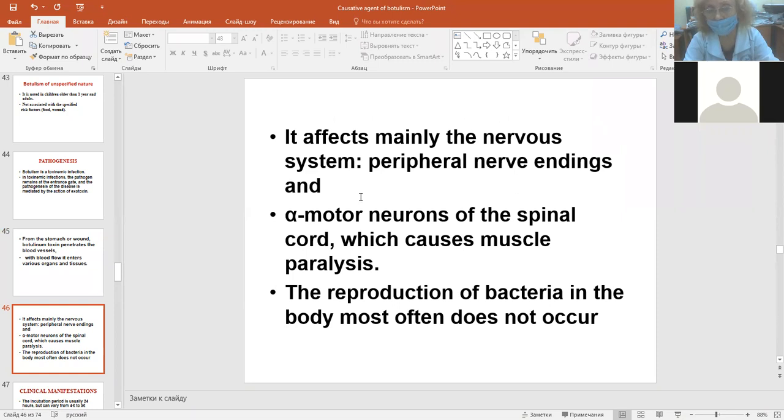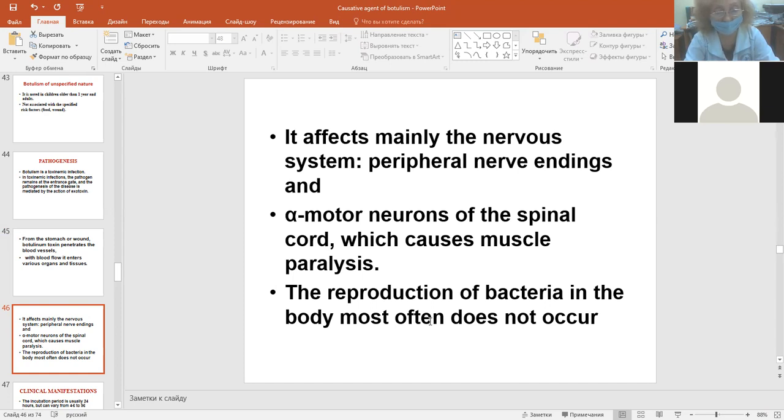Peripheral nerve endings, it acts on synapses, and then alpha motor neurons of the spinal cord, which causes muscle paralysis. The reproduction of bacteria in the body most often does not occur. Sometimes there are no live bacteria in this food, but exotoxin is accumulated.